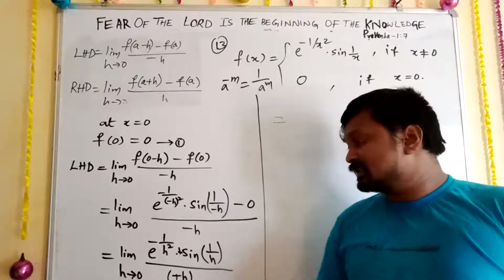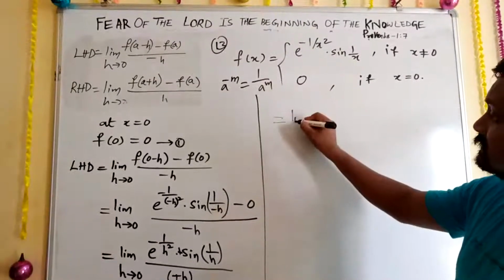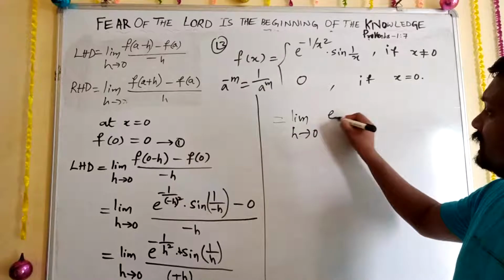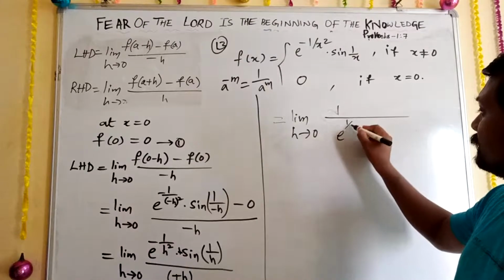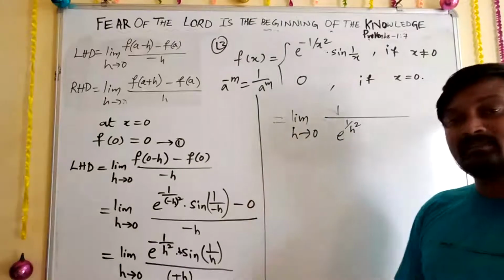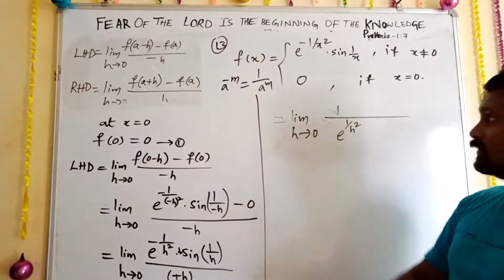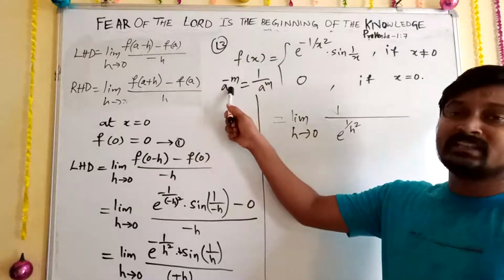So how can I write now this? This we can write as limit h tends to 0, e, this we can write as 1 upon e power 1 upon h square. Here now this 1 upon e power 1 upon h square I have written by using this formula.